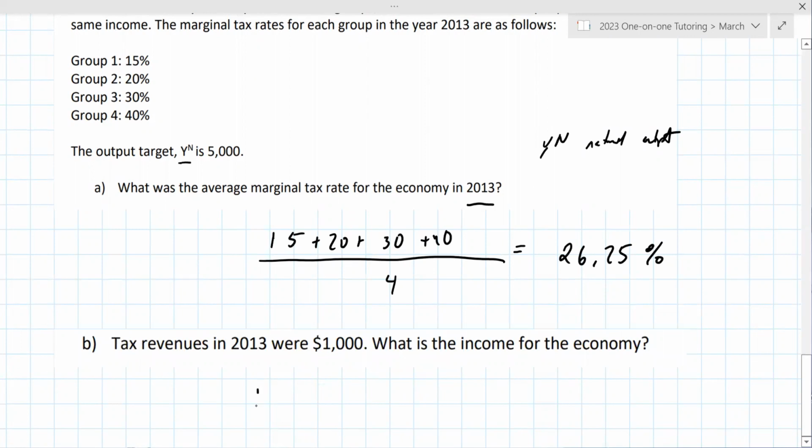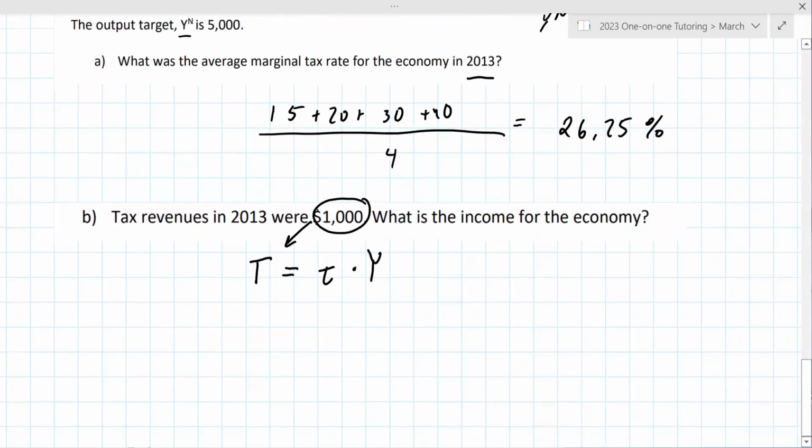So a new equation here, big T equals tau times Y, and 1,000 is the T. You would put in the percentage we found beforehand, 0.2625, and solve for Y. Okay, and this says that Y equals 3,809.